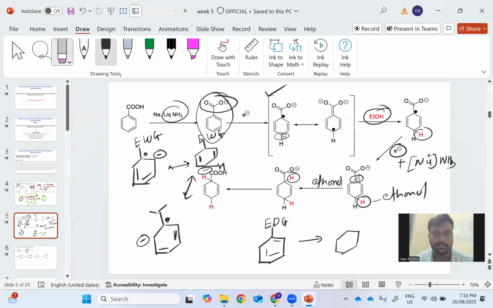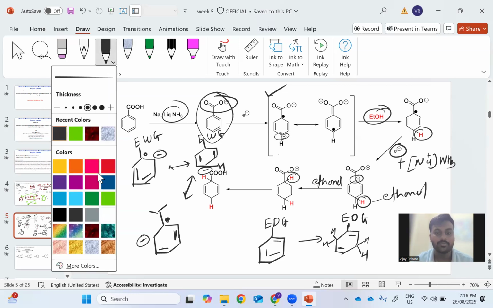So this group will remain on the same position. So electron donating group, right? And it will be like this. So there will be a proton. So this is the case with the electron donating group. And in this case, it is an electron withdrawing group.